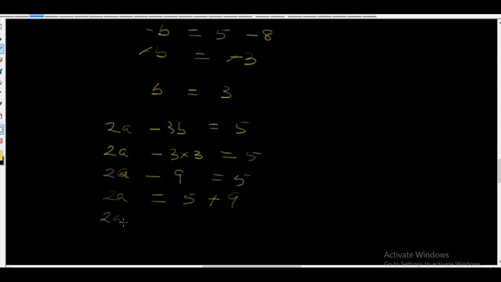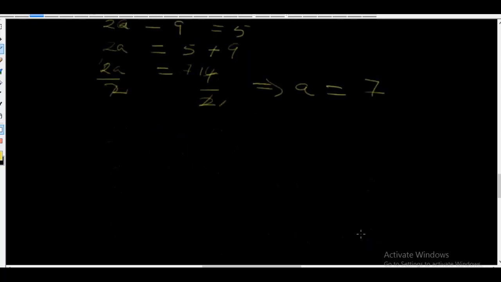So 2a is equal to 5 plus 9 is 14. So divide both sides by 2. 2 here is 1, 2 here is 1, and 2 here is 7. So therefore a is equal to 7.